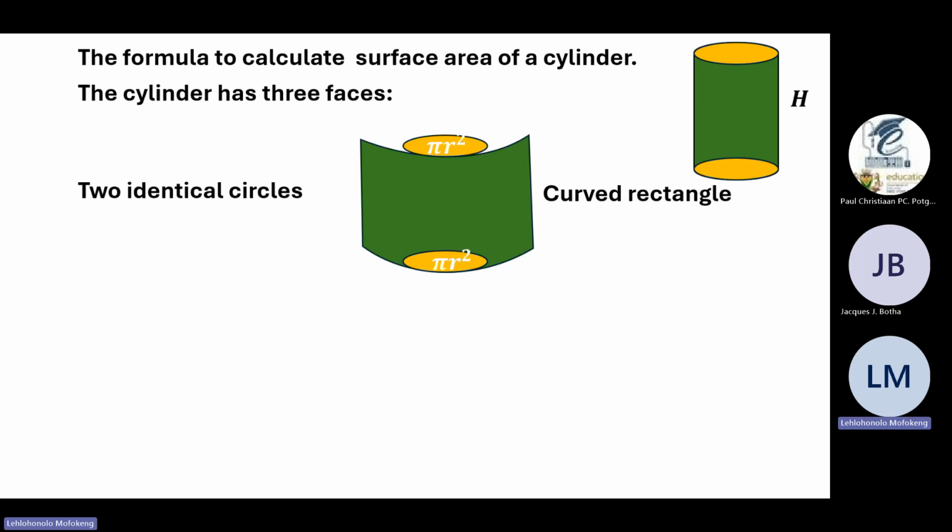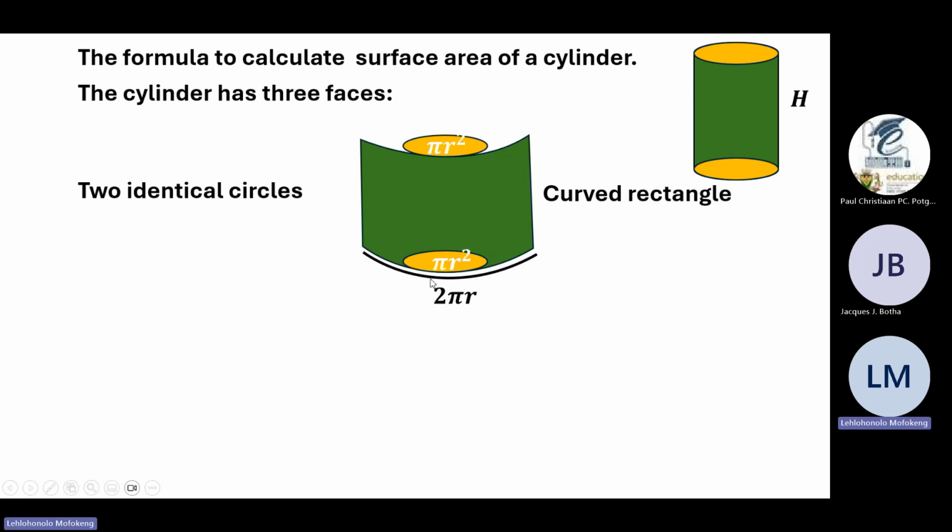Remember, to calculate the area of a rectangle, we're saying it's a length times breadth. But in this case, the length of the curved rectangle will be in the form of a cycle. And if we check that cycle, it will be the circumference of the cycle.